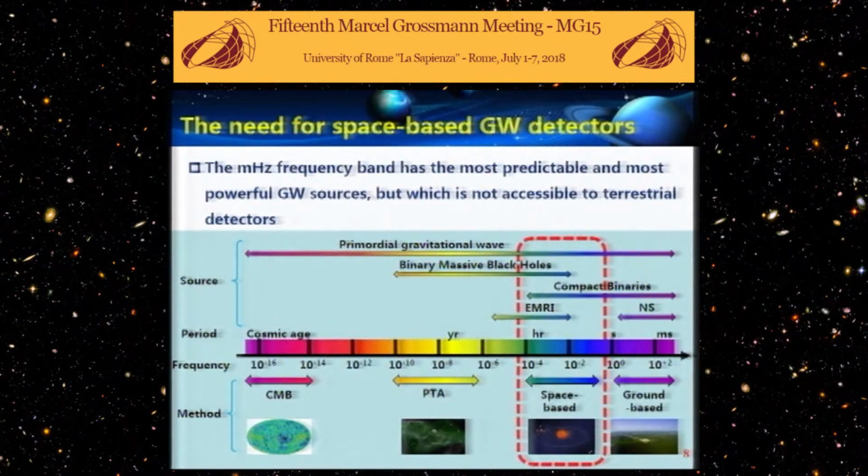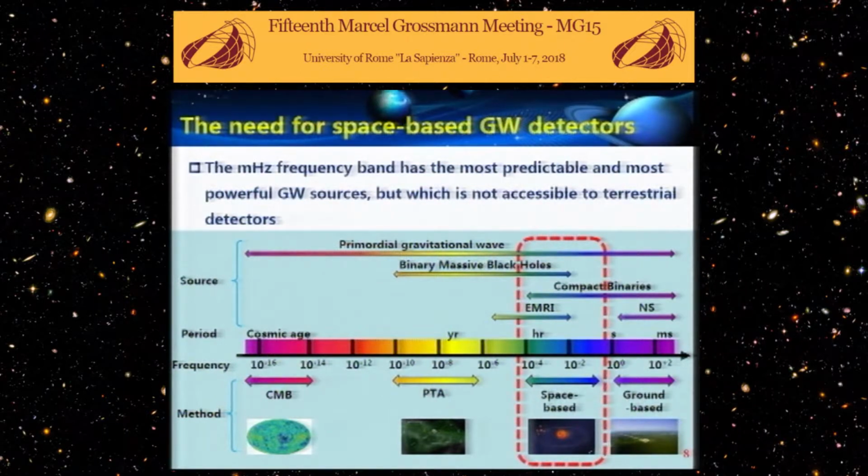And why, after LIGO has detected the signal of gravitational waves, do we need to do such things in space? Professor Vitale gave a very good explanation about that. From this picture, we can see a lot of events, a lot of sources, in a band much lower than the band covered by LIGO.